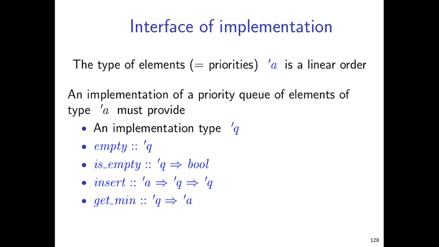Just to make it easier to use. So if you know that the queue is not empty, you can just write get min and do not have to write the option or something like this. It just makes things easier when you know that the queue is non-empty. Otherwise, it makes no sense getting the minimal element anyway.